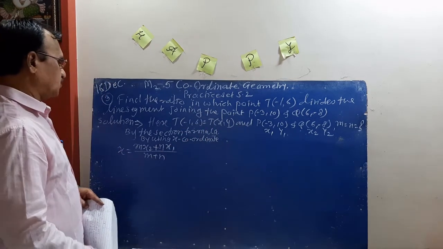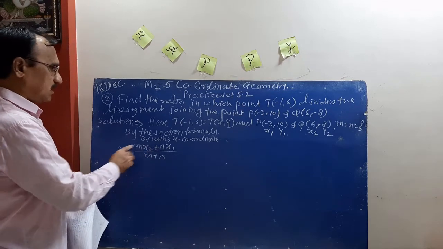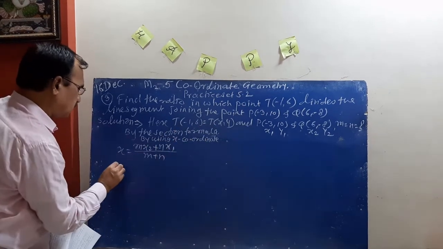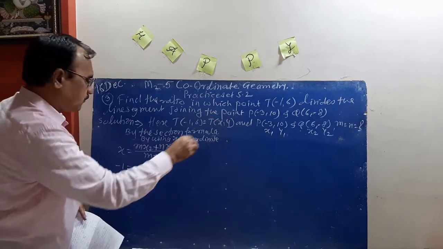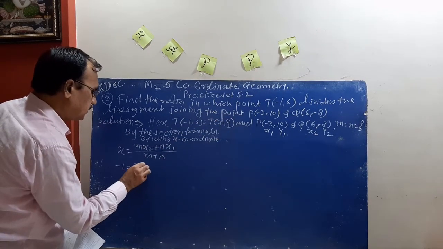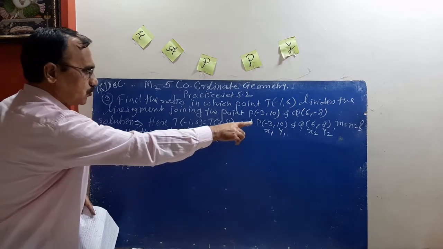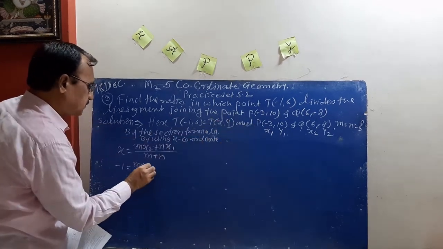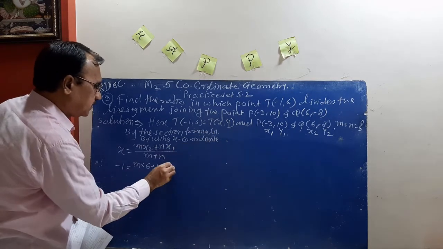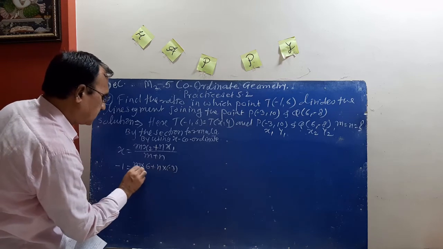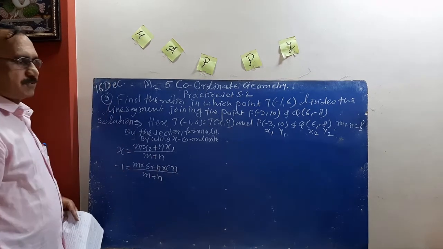Here x is -1, which is given. Then m we have to find, m is not given. m into x2, which is 6, plus n, again not given, into x1, which is -3, upon m plus n as it is.